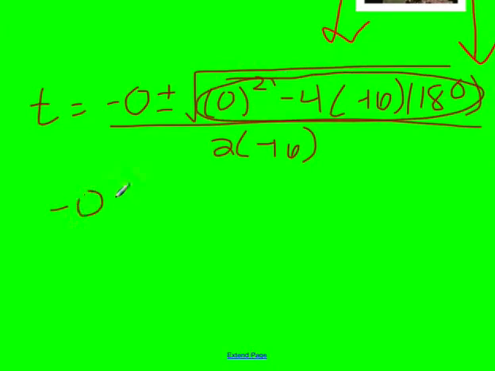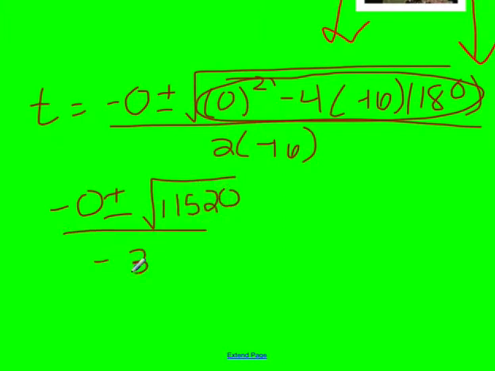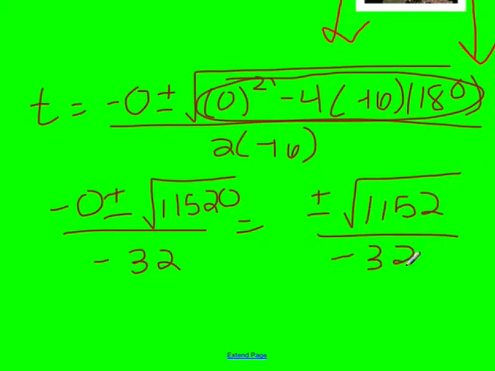I'm not going to actually put the square root in, but I'm going to simplify underneath it. So I'm going to do 0 squared minus 4 times negative 16 times 180. And that gives me 11,520 underneath my radical, divided by negative 32. Well, negative 0 doesn't really mean anything. So really what I have is plus or minus the square root of 11,520 divided by negative 32.